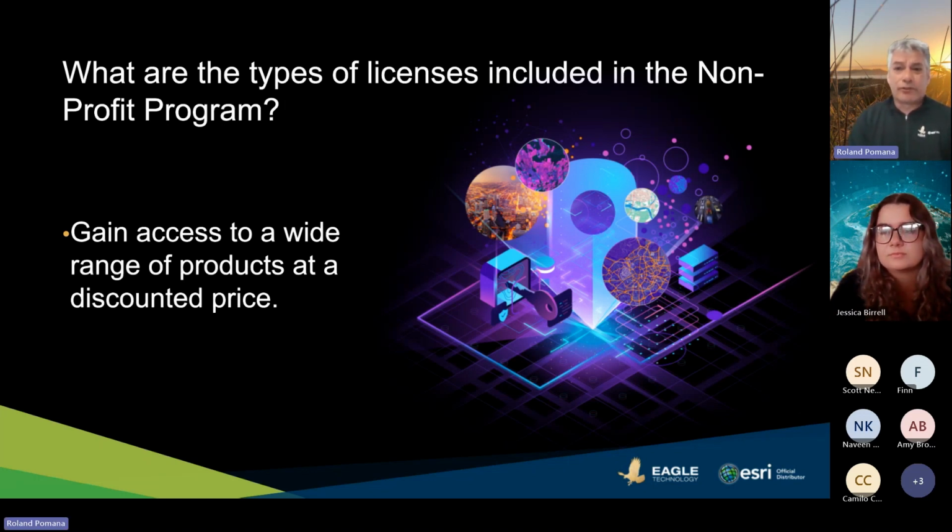The discount can range from at times 75%. So you get a 75% discount compared to a commercial license, down to as low as usually 30% is the lowest discount you will get. So there's a broad range depending on the type of product and its intended use. That discount can vary anywhere from 75 to 30%. So a 75% discount is quite amazing, and we're very, very lucky that Esri support that.